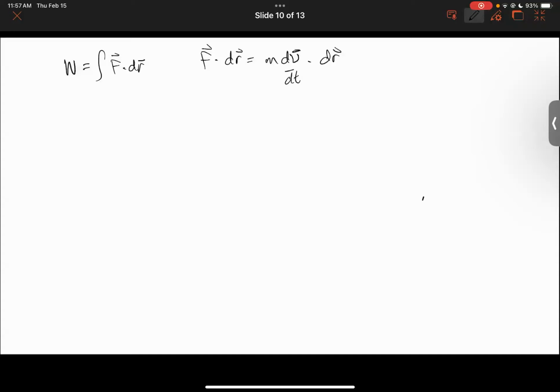And if we divide this by dt and multiply by dt as well, then we get m dv/dt dot v dt. Of course, we can do this.